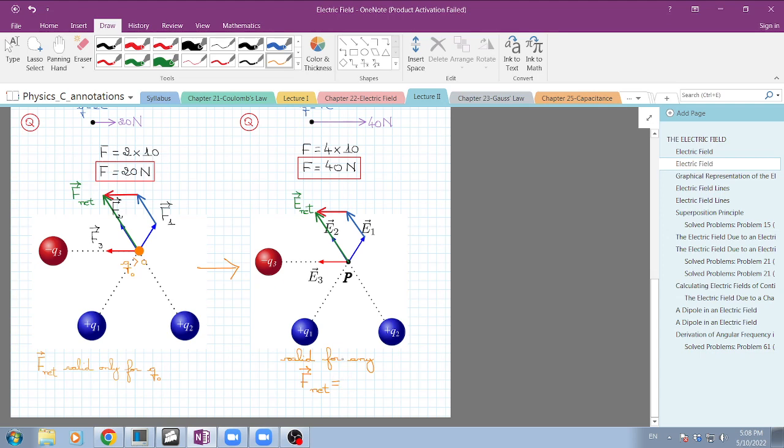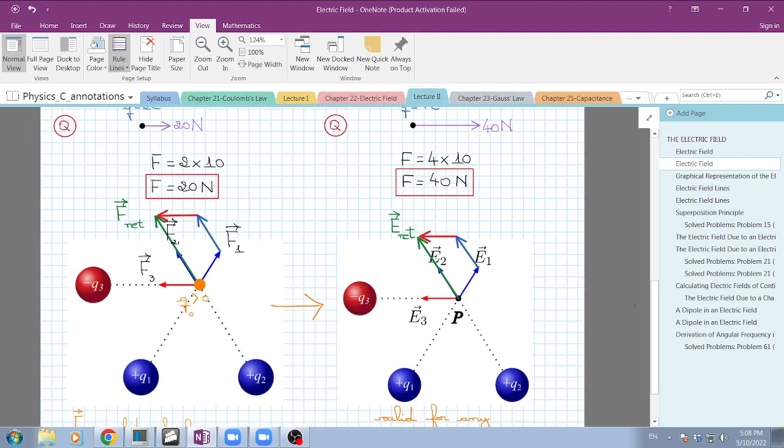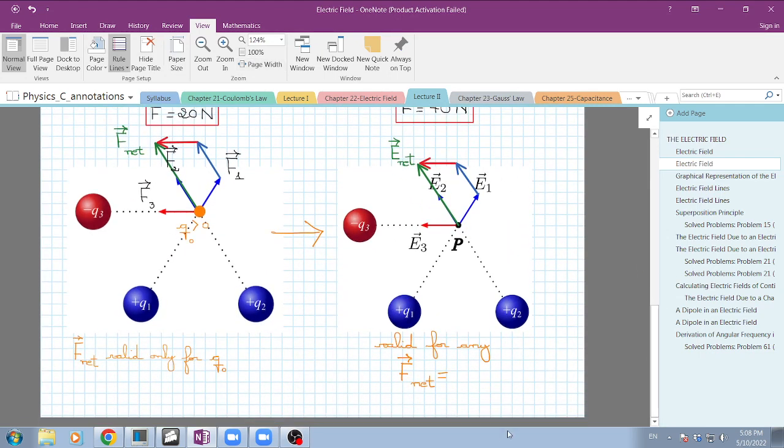I'm calling this arbitrary, but we physicists call it a test charge. And very important, we have only one small limitation here, guys.